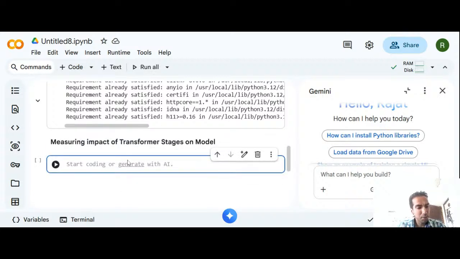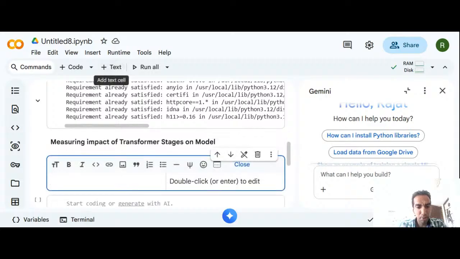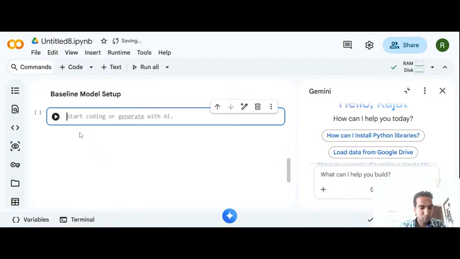Once most of you have that already, we will do the baseline model setup. First of all, we generate a word using the DistilGPT-2 model, and then we will create our own transformer and compare the output with this output.